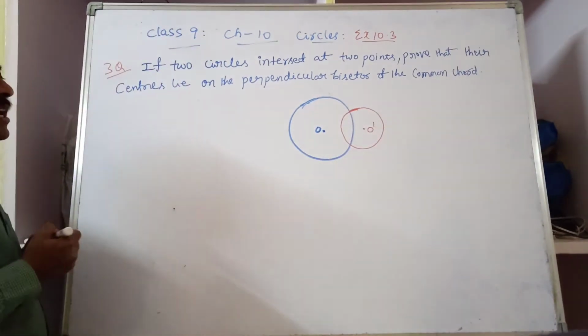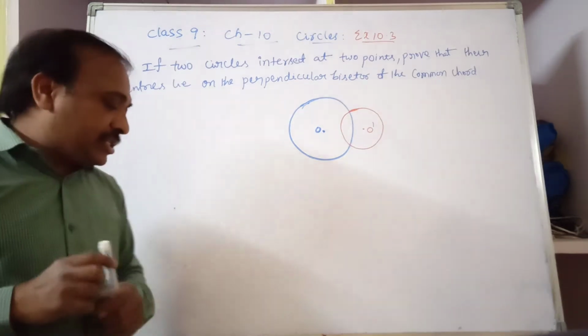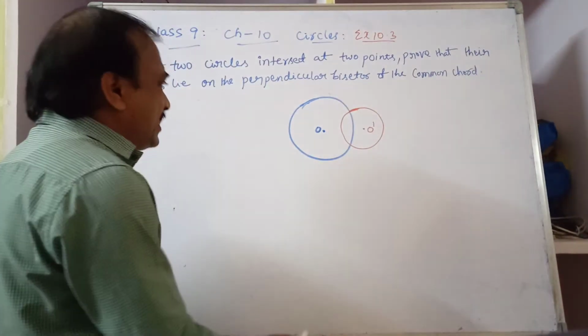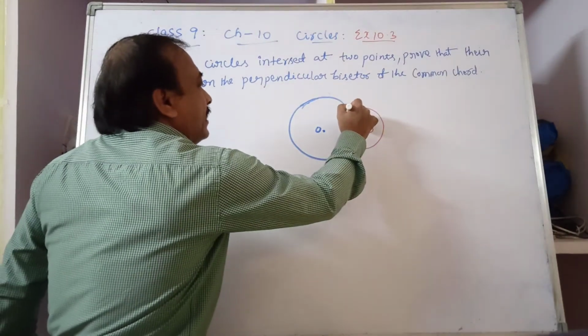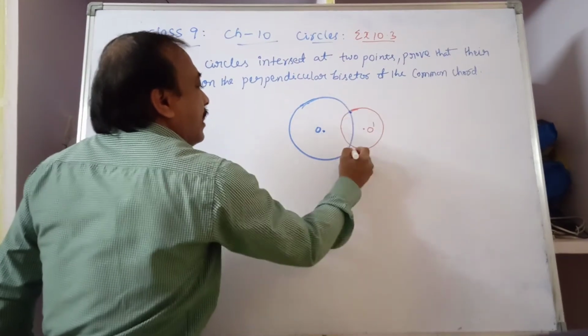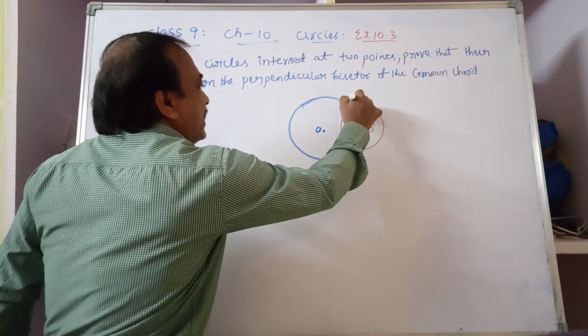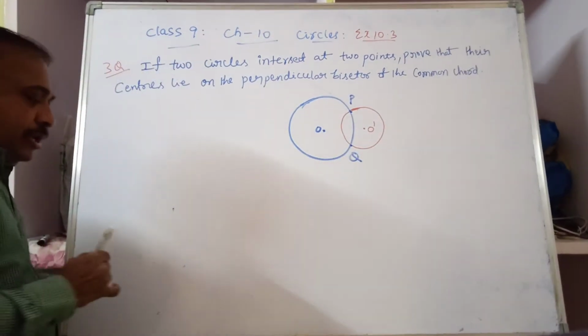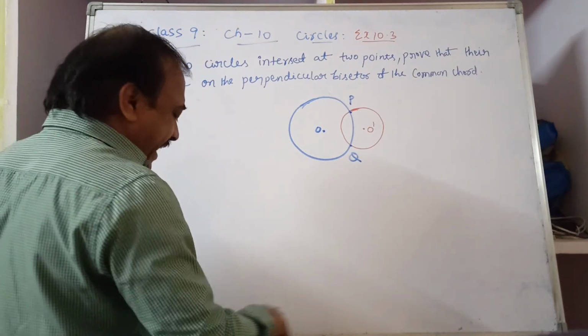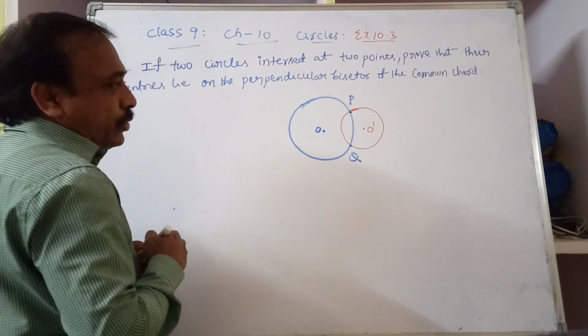One is with center O, another one is with O dash. Where both the circles meet, there is a point over here and another point, we write as P and Q. So those two circles are meeting at P and Q.